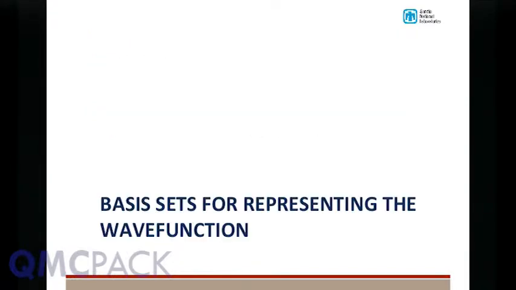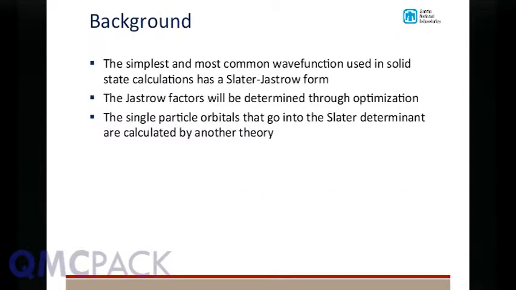Okay, so the next thing that's a little bit different for solid state calculations versus molecular ones is the basis set for how we represent the wave function. As we talked about before, the simplest and most common wave function starting point for solid state calculations is a Slater-Jastrow form, right? We have some antisymmetric Slater determinant of orbitals of some kind, and then some piece for the dynamic correlation.